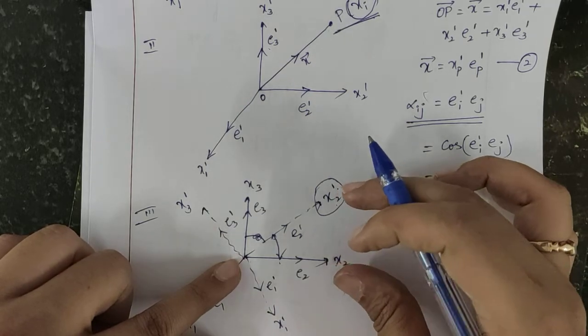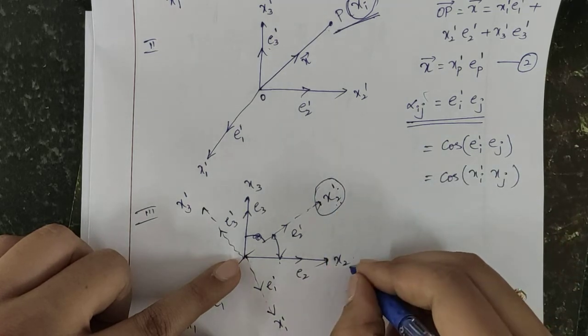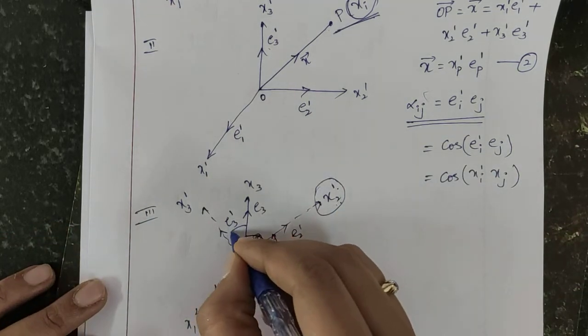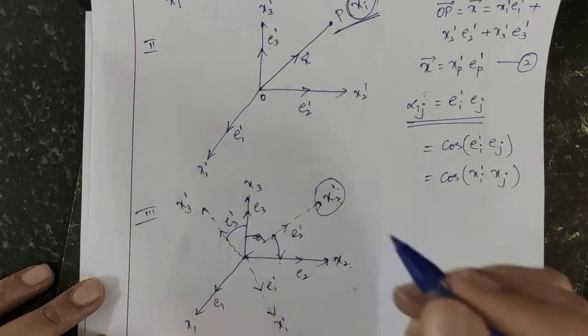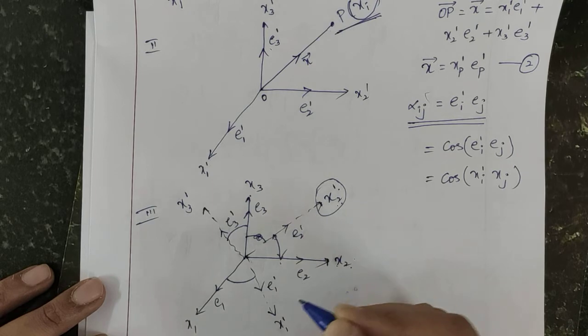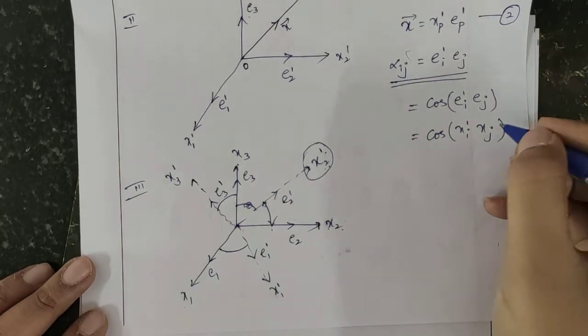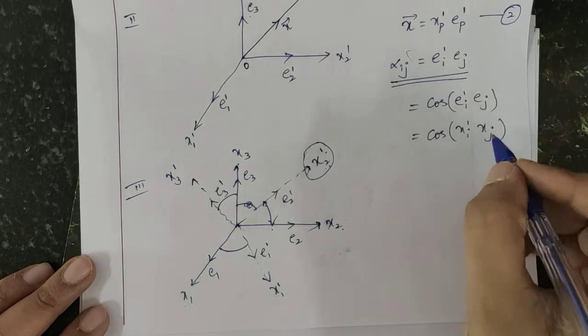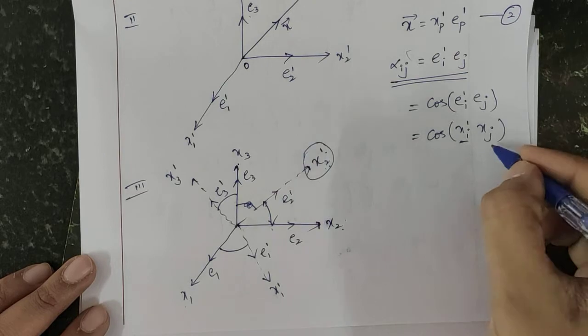This is nothing but direction cosine of the angle between x2 prime and x2. Similarly, here there is a direction cosine of the angle between x3 and x3 prime. Here it is between x1 prime and x1. So now in general I can say that there is a direction cosine of the angle between xi prime and xj.